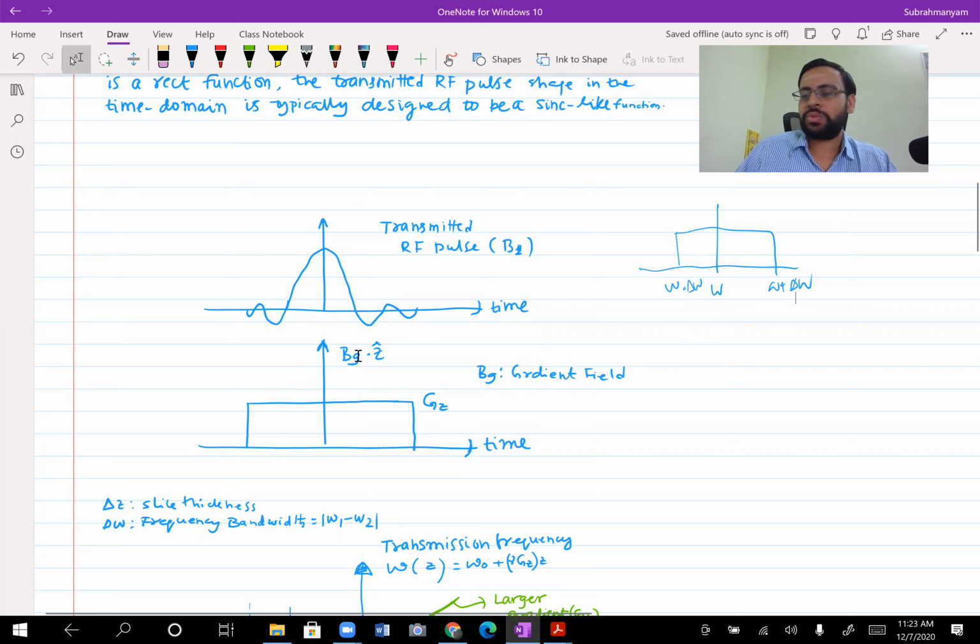Once you know the magnetic field, you know how to compute the frequency at which it makes these spins resonate. That's gamma times B. So that's nothing but gamma times B naught plus Gz into z. This is the resonant frequency with which it rotates.